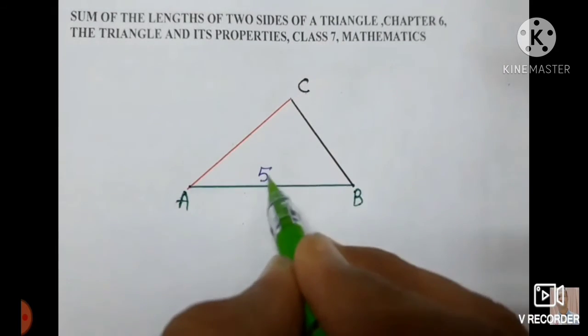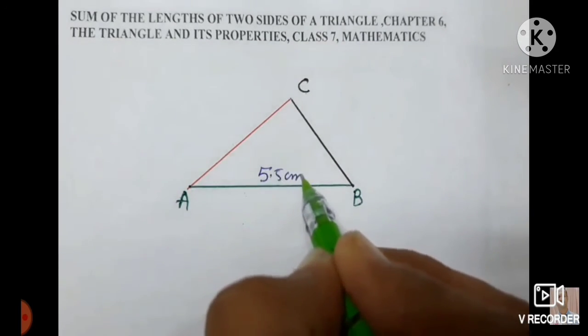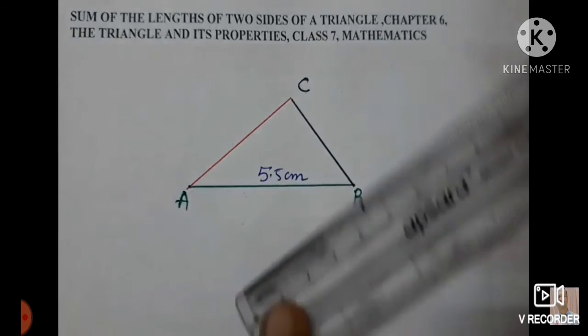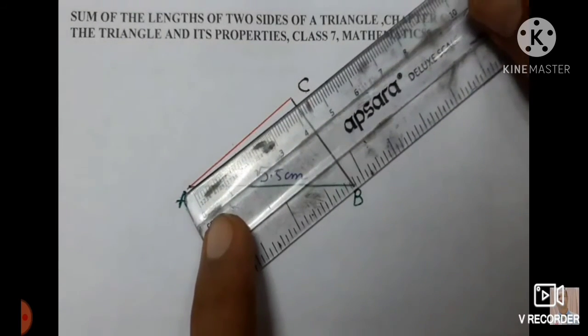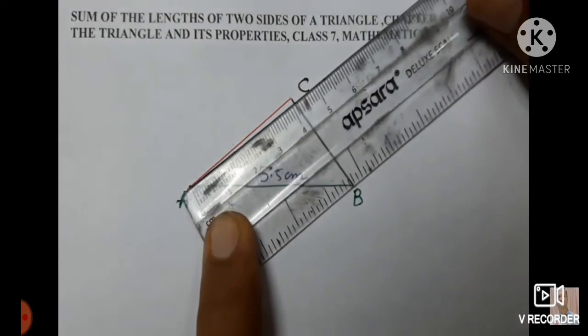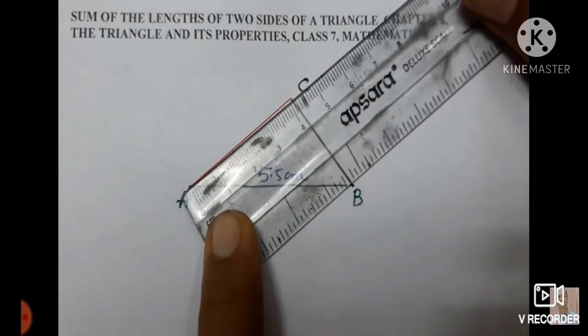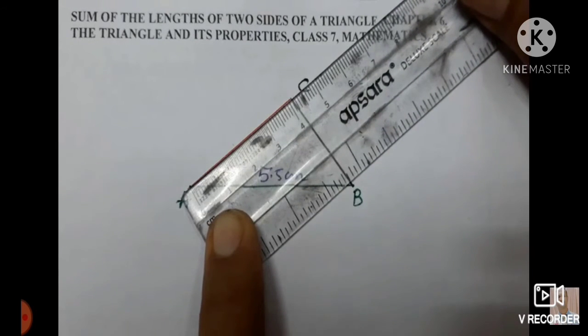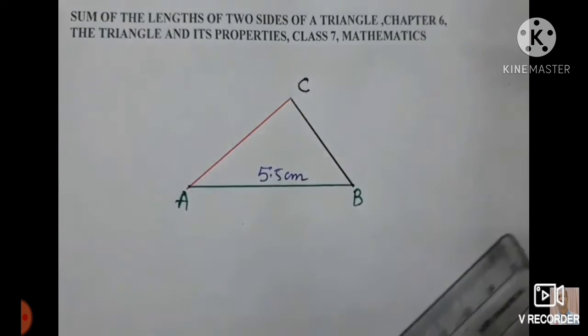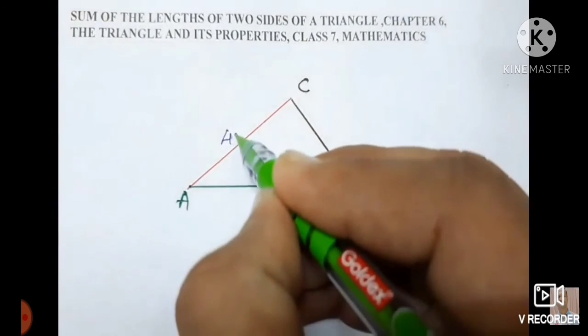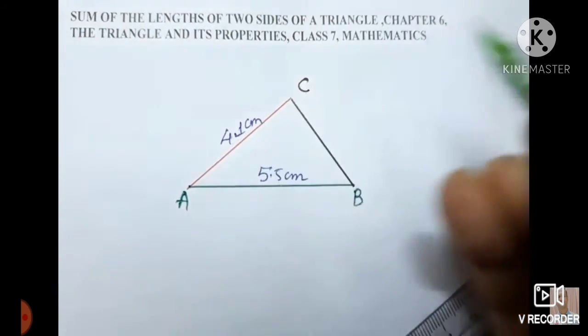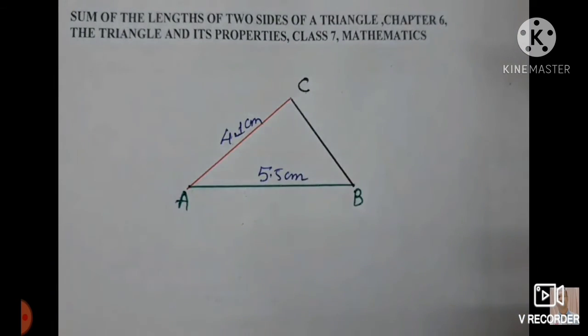Here, I have taken triangle ABC with side AB as 5.5 centimeters. Then measure AC here with the ruler. What is the length of AC here? The length of AC is 4.1 centimeters.